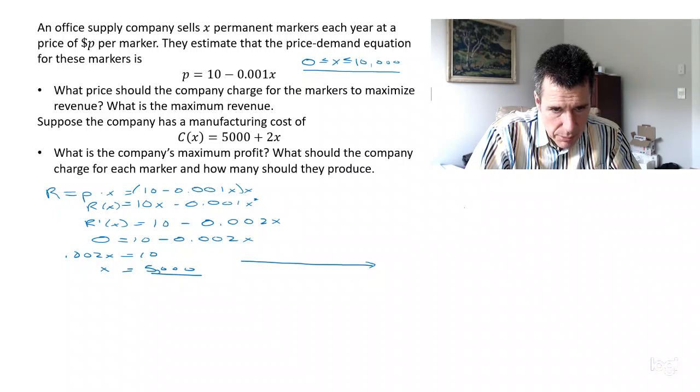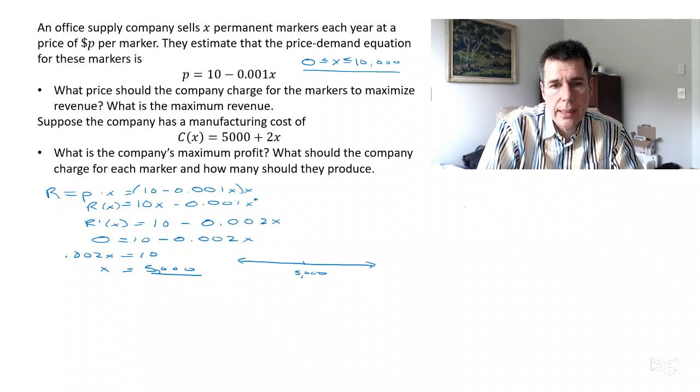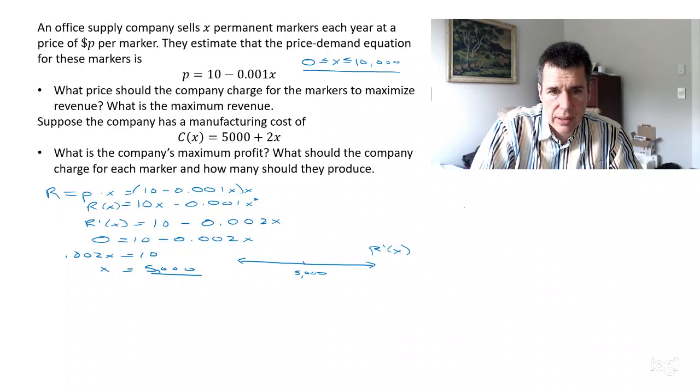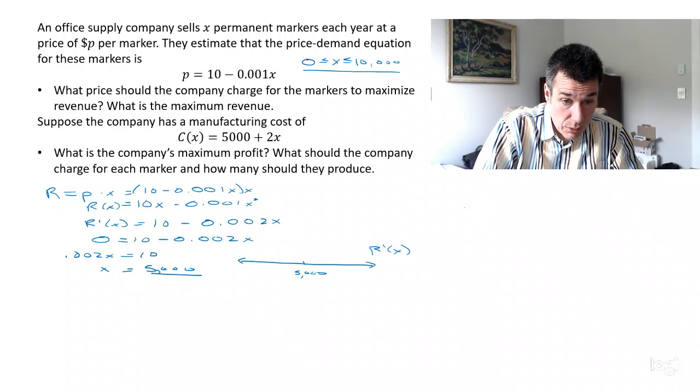We have a single critical number here, and we can just look for a second. Let me draw my number line. So 5,000. And we want r prime of x, and we ask ourselves, to the left of 5,000, say, within our 0 to 10,000, so let's put 0 in. Put 0 in, we have a positive r prime, right?